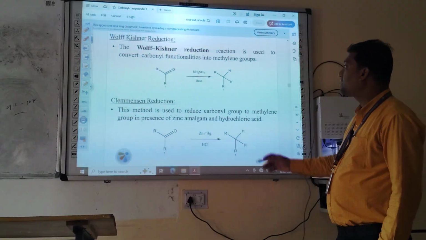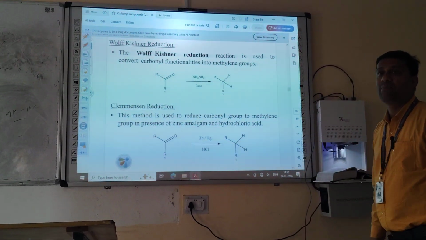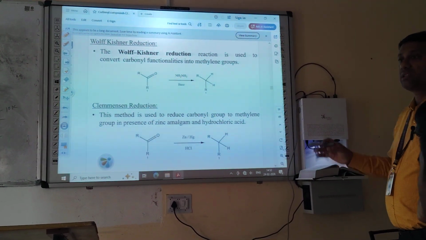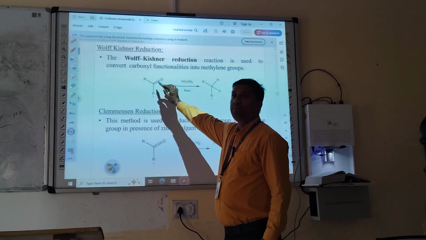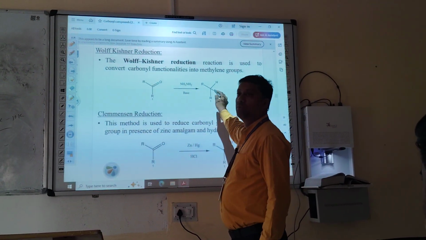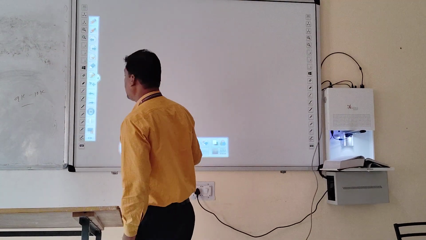Wolff-Kishner reduction and Clemmensen reduction. In both of these naming reduction reactions, the carbonyl group is reduced to a methylene group.